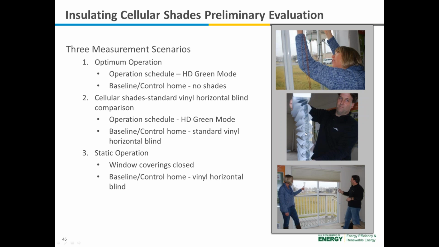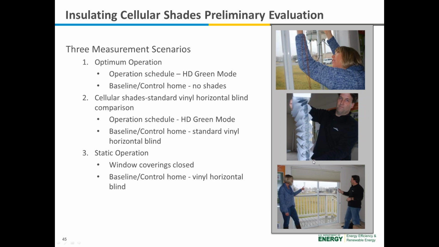The optimum operation is the implementation of the Hunter-Douglas HD green mode. It's roughly based on the solar calendar and the geographical location of where the blinds are going to be installed, so the geographical latitude.